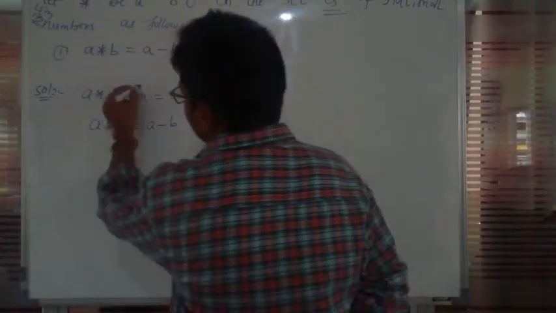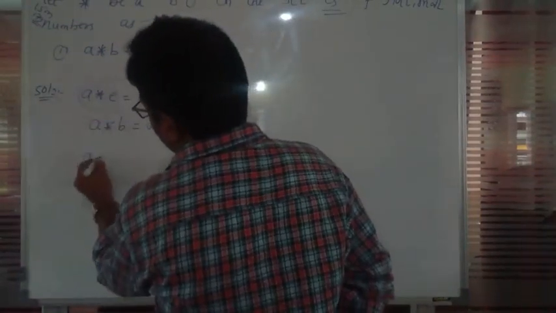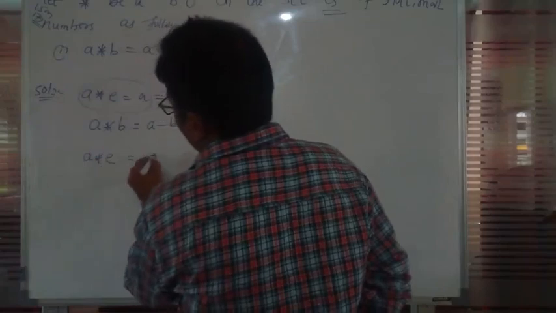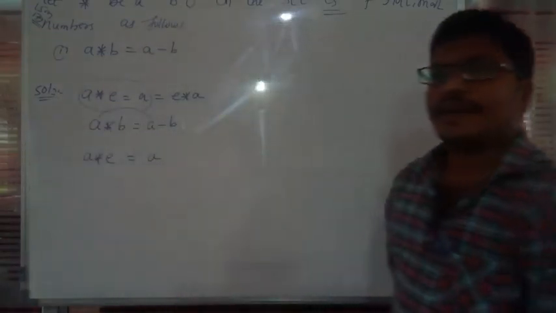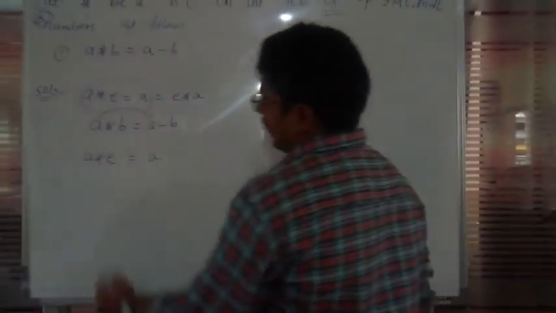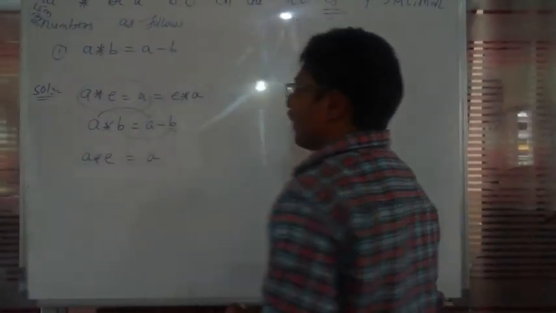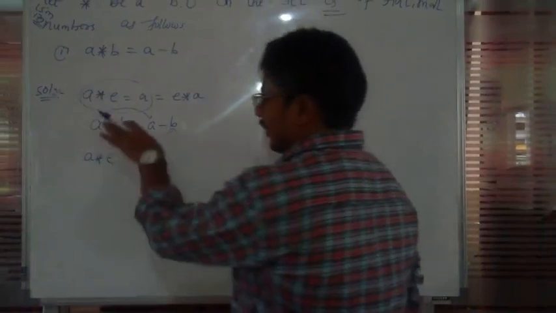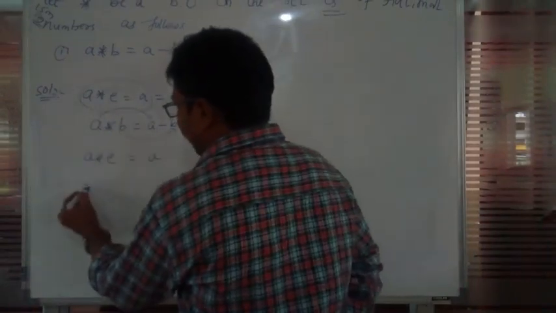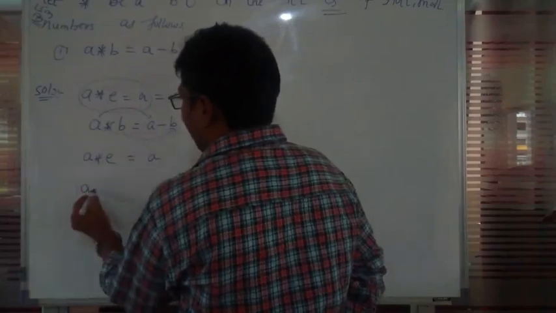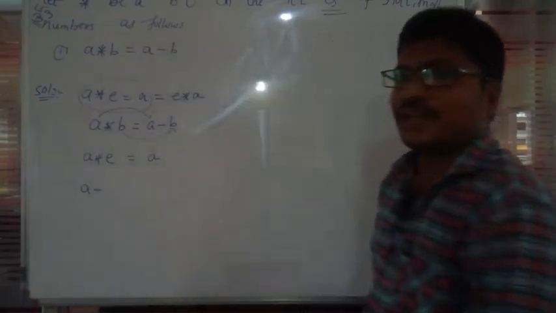Okay, so consider A star E is equal to A. Here there is an A, that's why I will keep A. Here there is B, that's why we should keep E. Just we should change their values. In the placement of A, I will keep A. In between these two values, minus is there. As usual, we should keep minus.